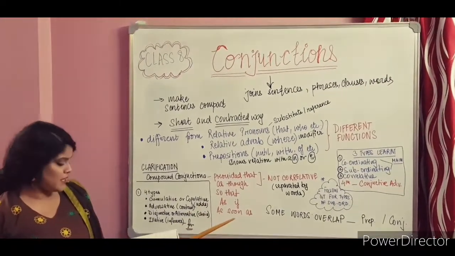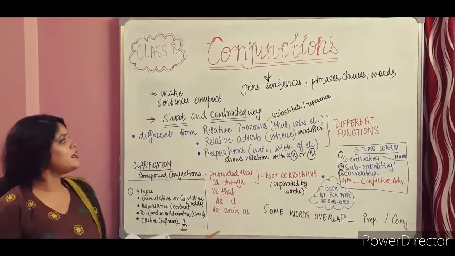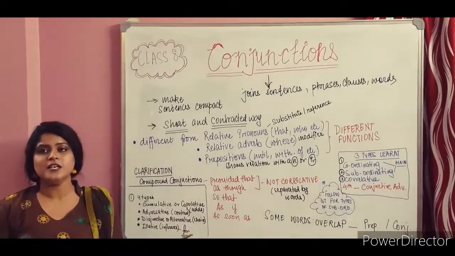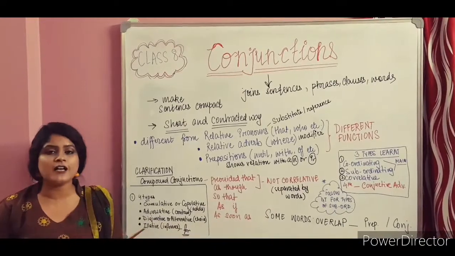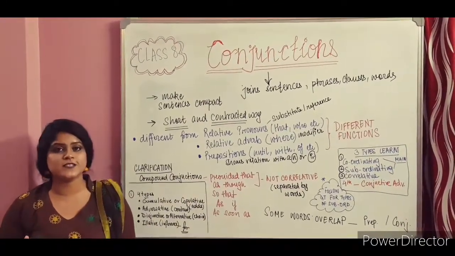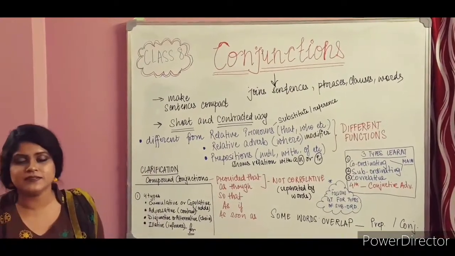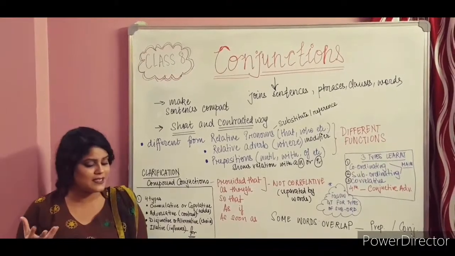Similarly, if we say the man is poor but honest, it is a contracted or a concise way of saying the man is poor but he is honest. So we are avoiding he is because it gives the same idea as the man is.